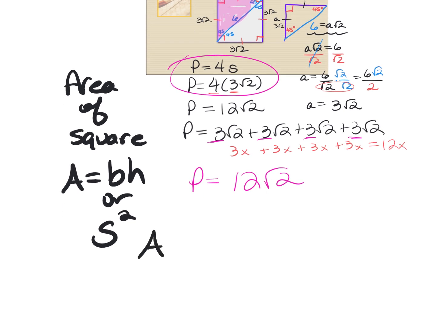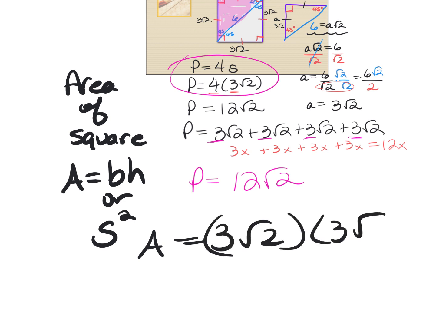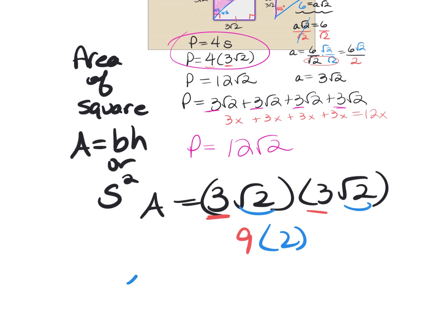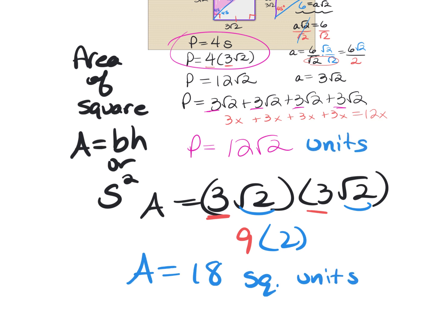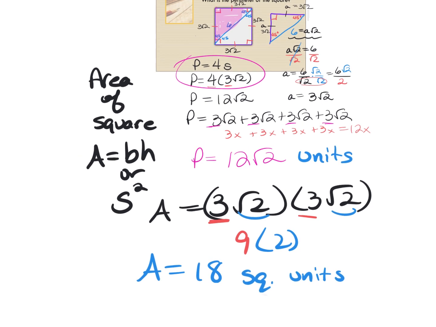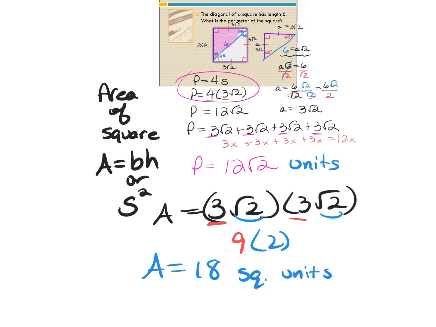So for the area, it would be 3 square root 2 times 3 square root 2. 3 and 3 is 9. The pair of 2's comes out. So the area here would be 18. And this didn't have any units on it, so you could actually say square units. And for the perimeter, it would just be units. So in the homework, you're actually doing a square, and it's asking you to find the area. So be able to do both.